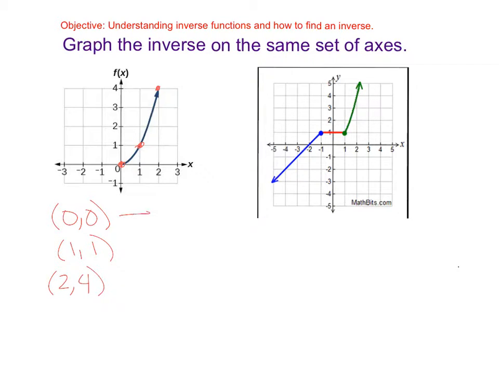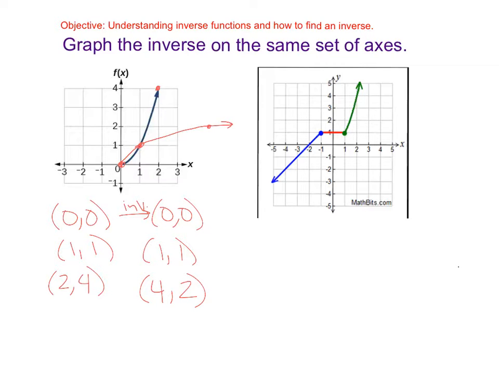So my inverse, 0, 0, 1, 1. And then this one we're reversing it, 4, 2. So I'm going to plot those. 0, 0, 1, 1, 4, 2 doesn't quite fit, but we're going to make it fit. And that's the inverse function. That one's kind of silly because we kind of knew what it was going to look like.